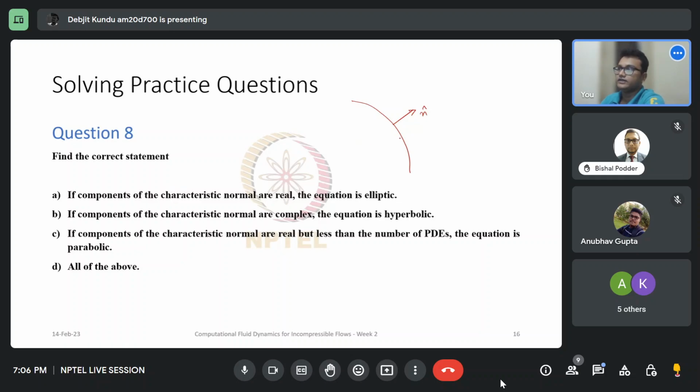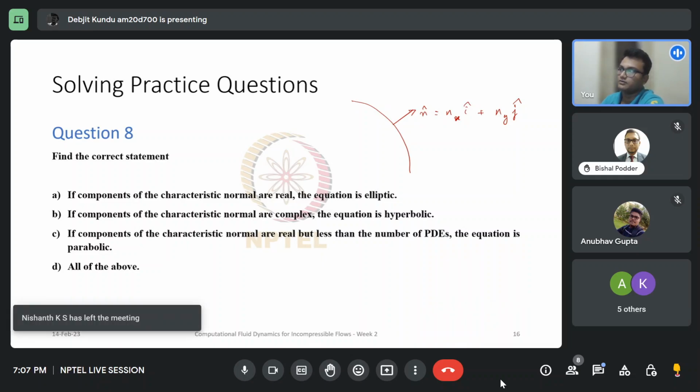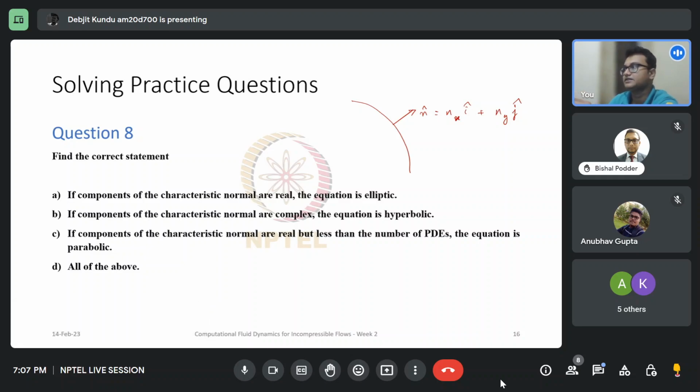So this n cap can be decomposed into nx i cap plus ny j cap. These components nx and ny, if they are real, is the equation elliptic? If they are complex, is the equation hyperbolic? Or if they are real but less than the number of PDEs, the equation is parabolic.